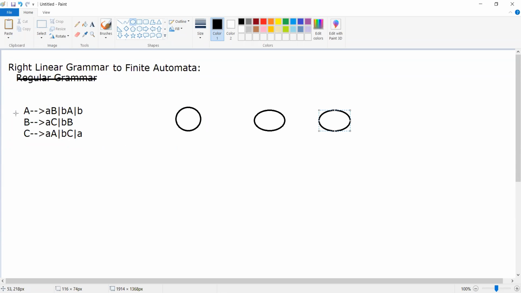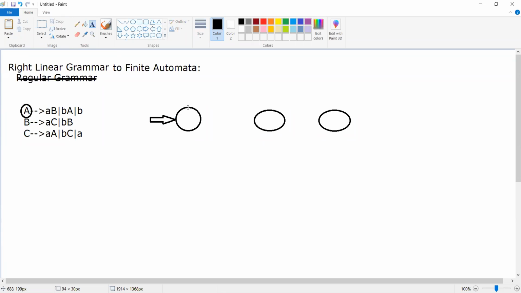Then the next thing to consider is which one should be the initial state. What is the start symbol of our grammar? The start symbol of our grammar is capital A, so that is what we consider as the initial state.